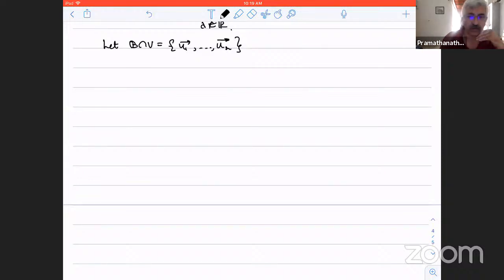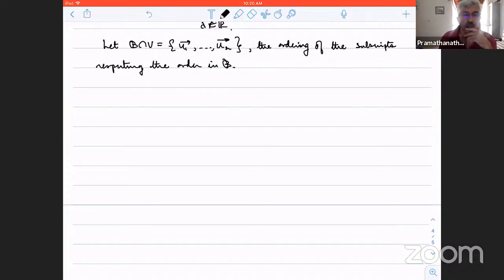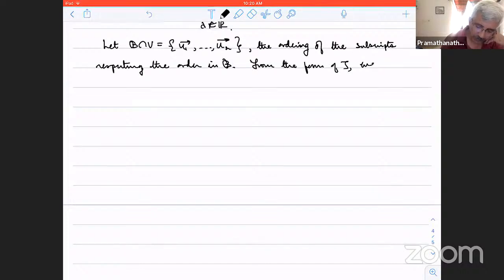The ordering of the subscripts respecting the order in B. From the form of J, we see the following: TC of U1 is equal to lambda U1.